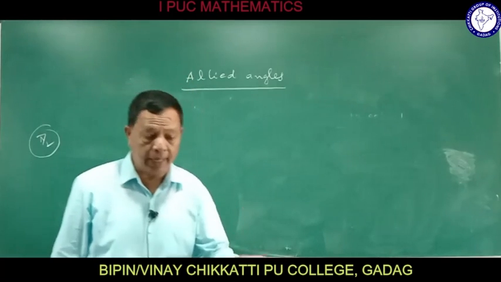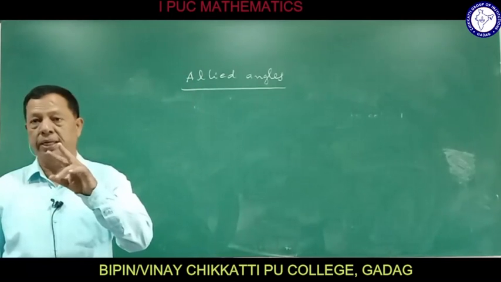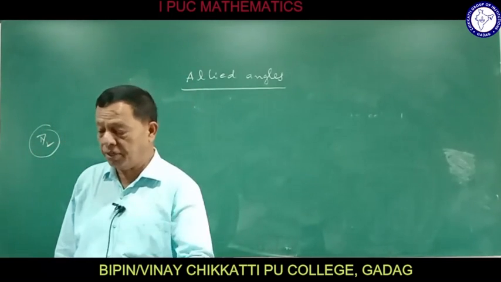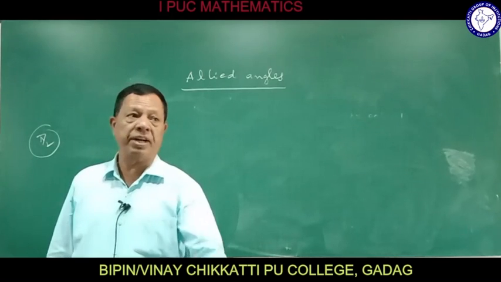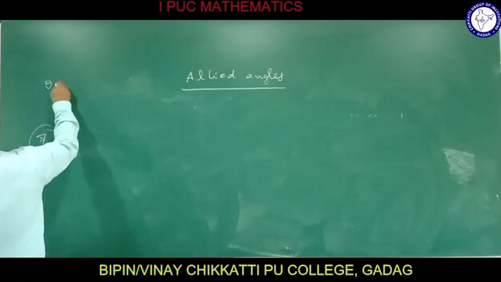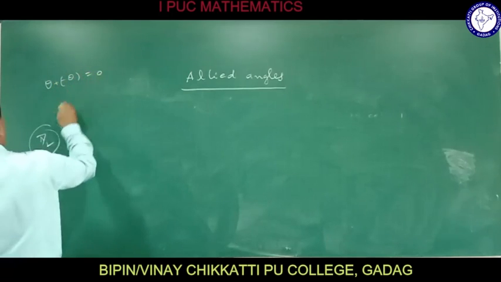When you say one angle is allied with another angle, there are two conditions. One is their sum is 0. The other condition is that the sum or difference is a multiple of 90 degrees. Suppose I say theta, what is allied to it? Minus theta. Why? Because when you add them, you will get 0.